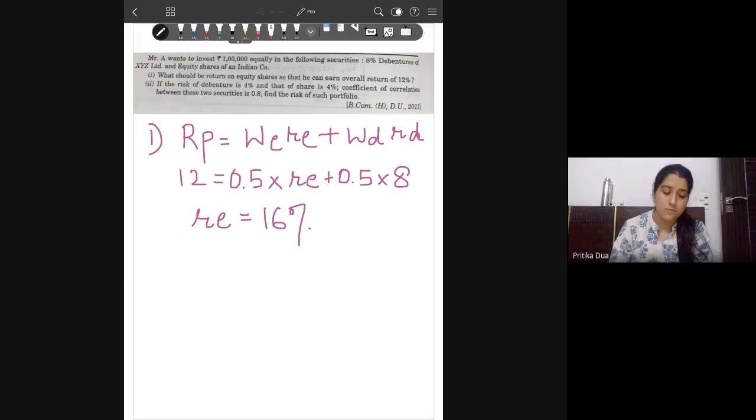Okay, now you can put the values in the risk formula, second part of question. You can calculate the risk of the portfolio.